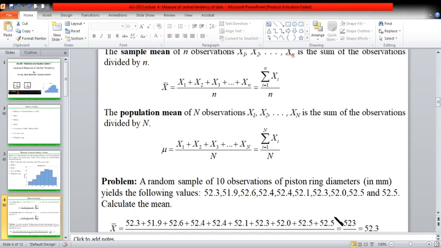Okay, so in this problem you have a data set, and the first thing is always visualizing the data. You need to keep this in mind whatever statistical parameters you are calculating. The first thing is to visualize the data, and then you look into the measure of central tendency or measure of dispersion, which we will learn later.